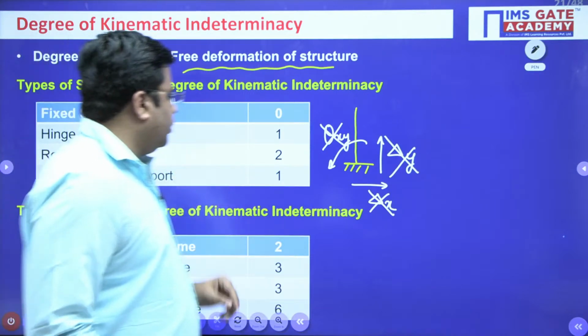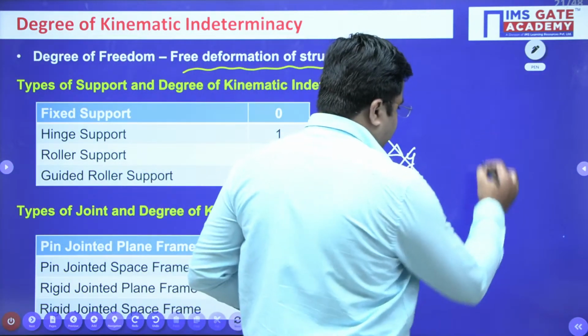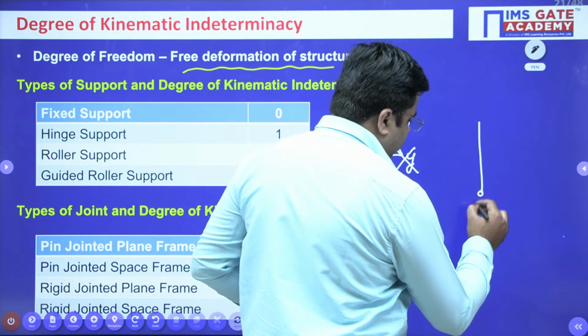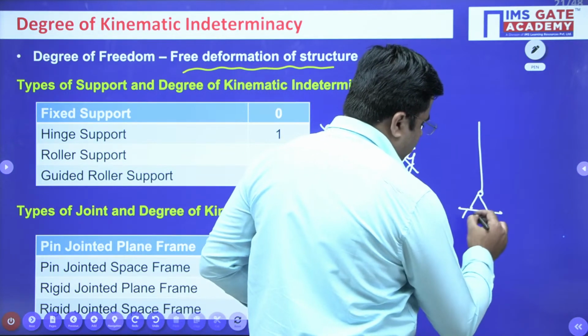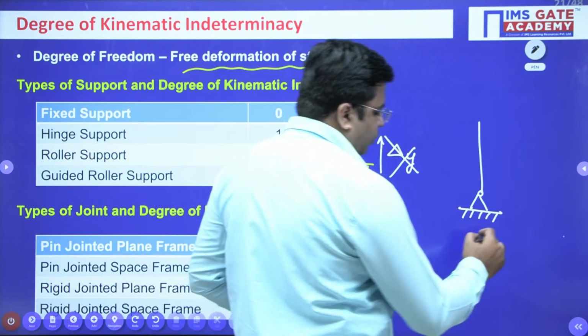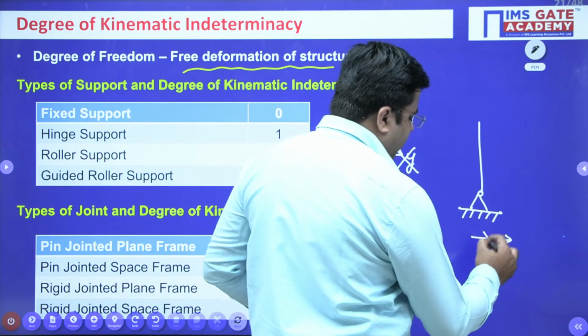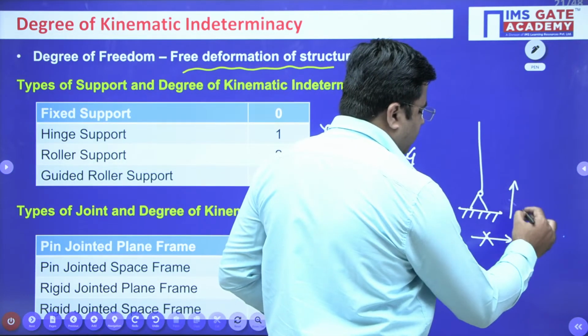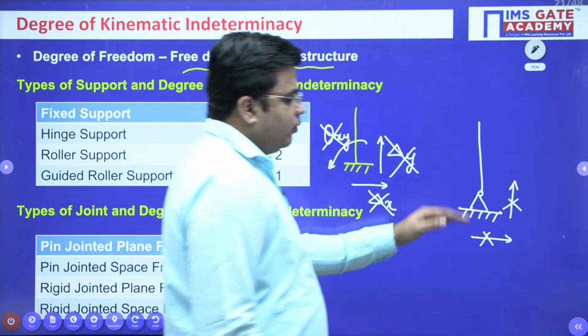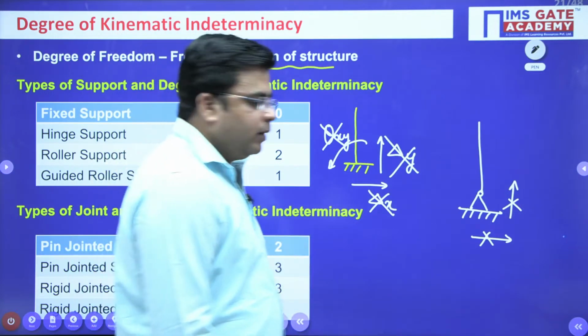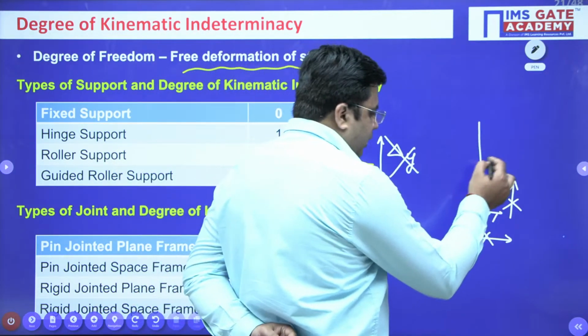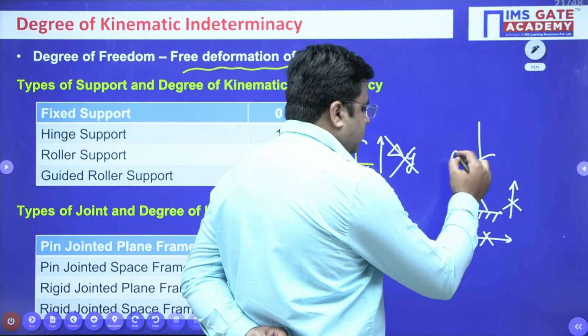Next, we talk about the hinge support. For a hinge support drawn like this, this hinge support cannot move in the x and y direction. It cannot have any translational movement in the x and y direction. But for this hinge support, the member can rotate about the hinge.